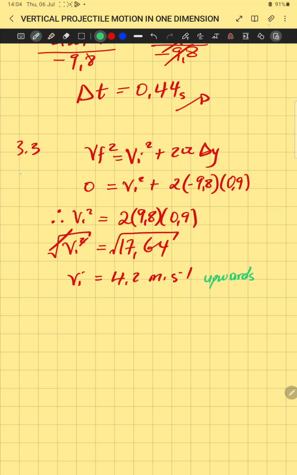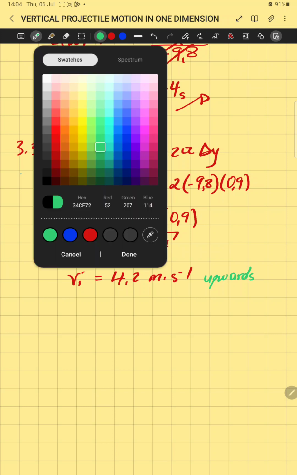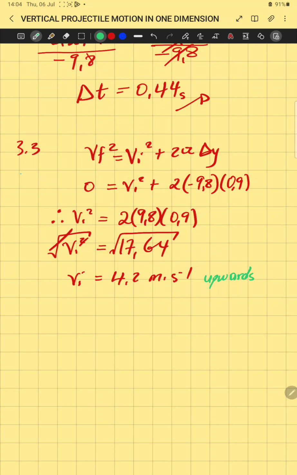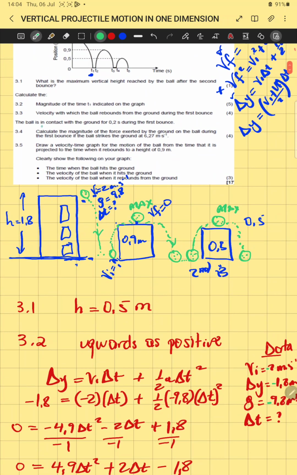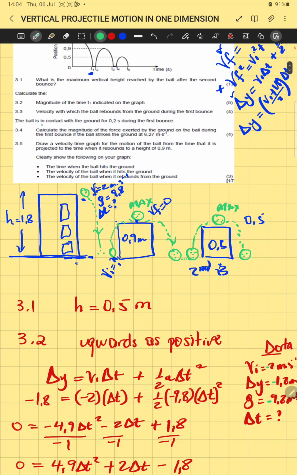Okay, that's great. And then from this point over here, we can just go straight to the next question. All right, so our question now says the ball is in contact with the ground for 0.2 seconds during the first bounce.